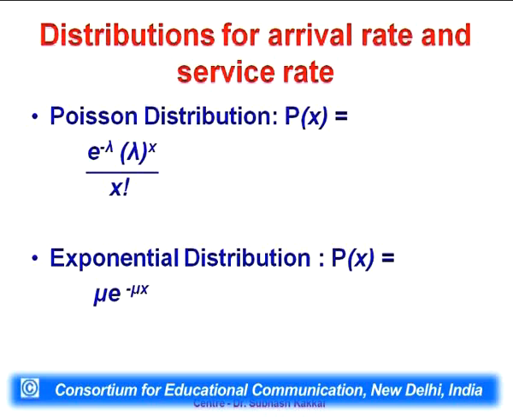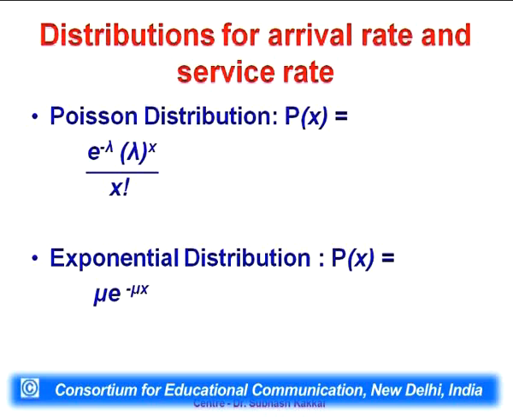Now, the probability of seeing 5 cars passing through that gate, how are we going to get it? The formula for that is the Poisson distribution. Here lambda is 10, but x is 5. So the formula will be e raised to power minus 10, 10 raised to power 5 divided by 5 factorial, and this will give us the probability of just 5 cars passing through that particular gate, where the average passing rate is 10 cars per hour.